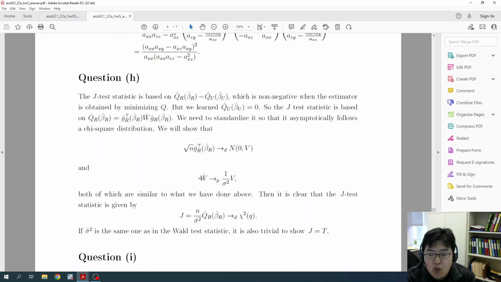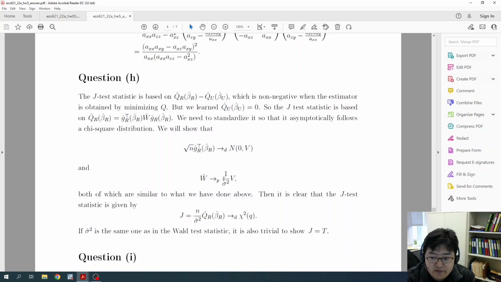So we have this result. Your weighting matrix is converging not to the variance, but to the variance except for sigma squared.